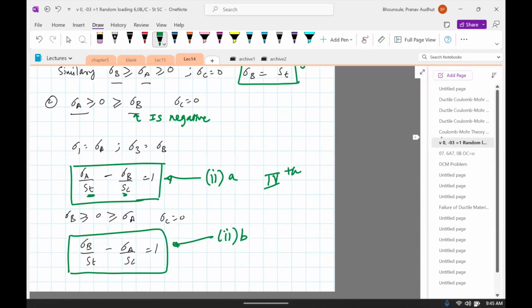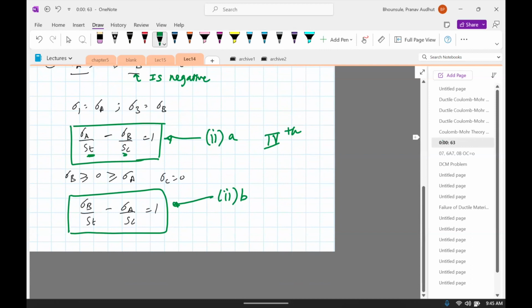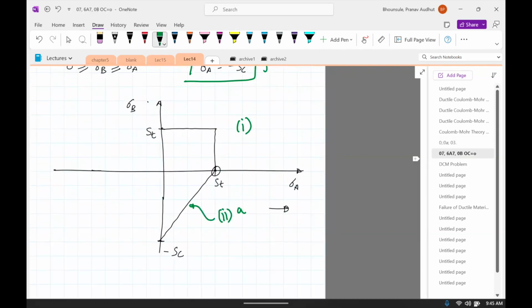Okay, next we can look at this equation. We see that sigma B is positive, sigma A is negative. Go back here. Sigma B is positive, sigma A is negative, so this is the second quadrant.